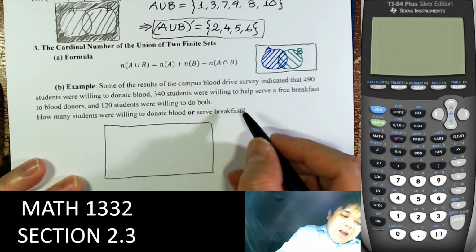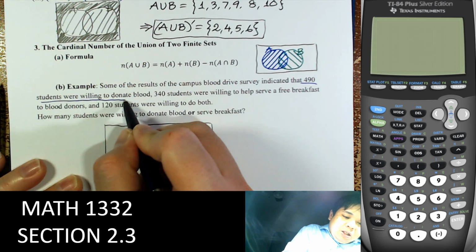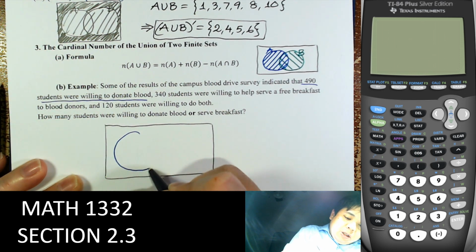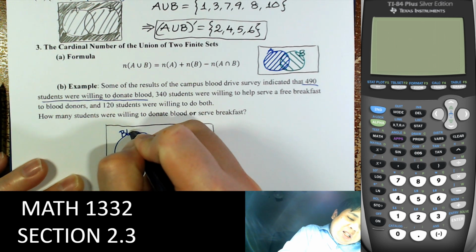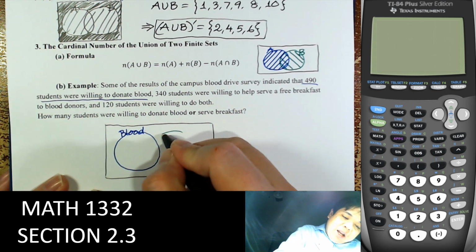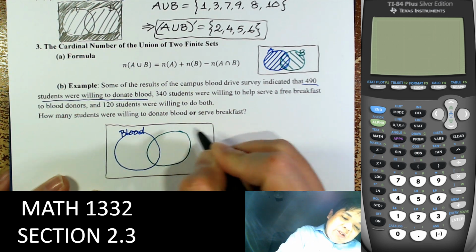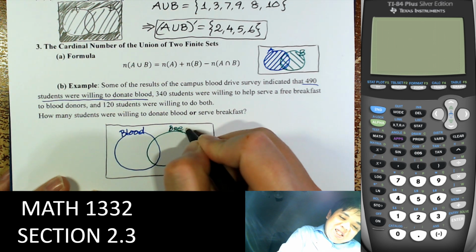First, we have 490 to donate blood. I'm not going to put 490, I'm just going to draw it. This is blood donation. And then we have another one who serve breakfast, blood and breakfast.